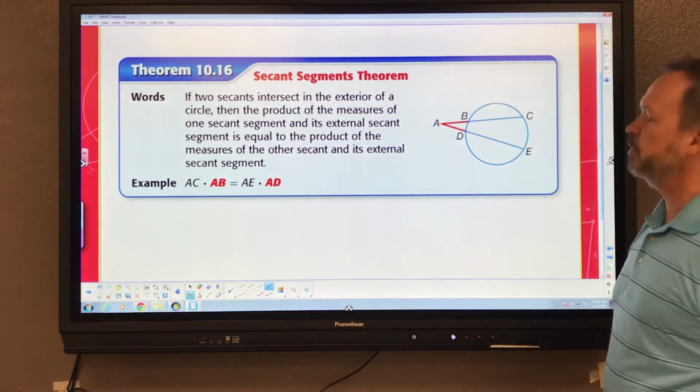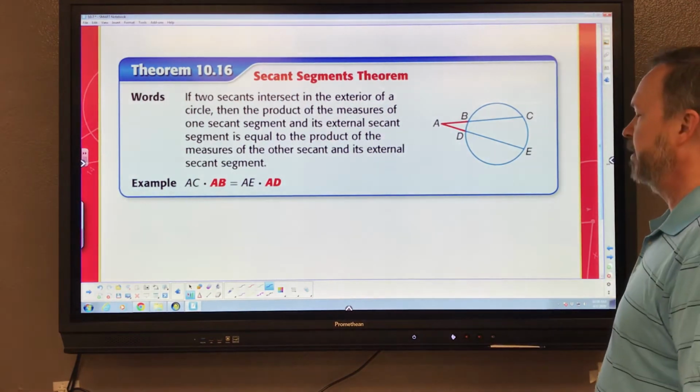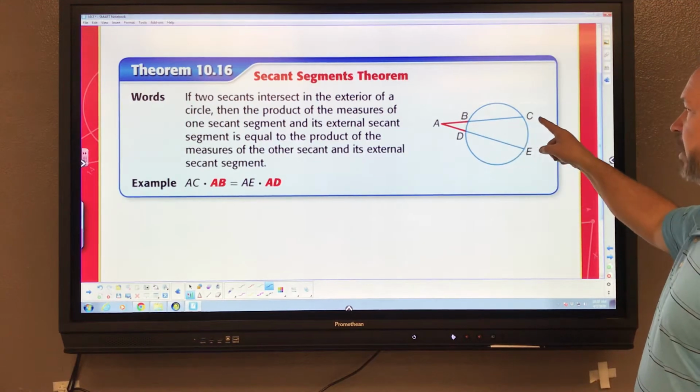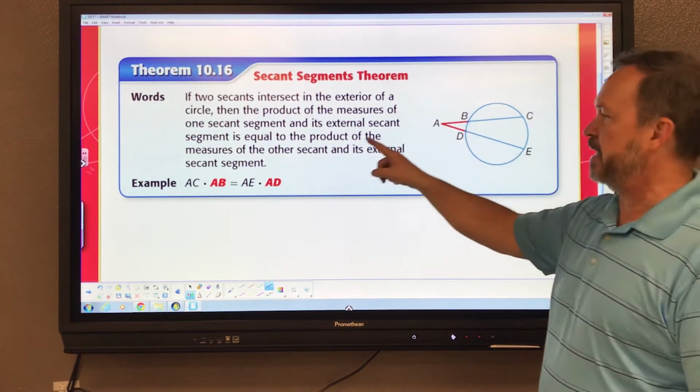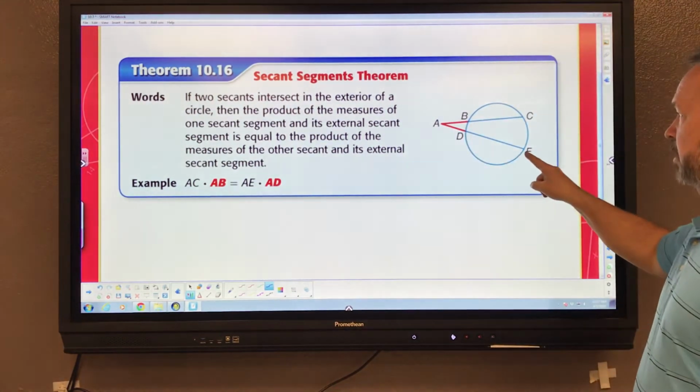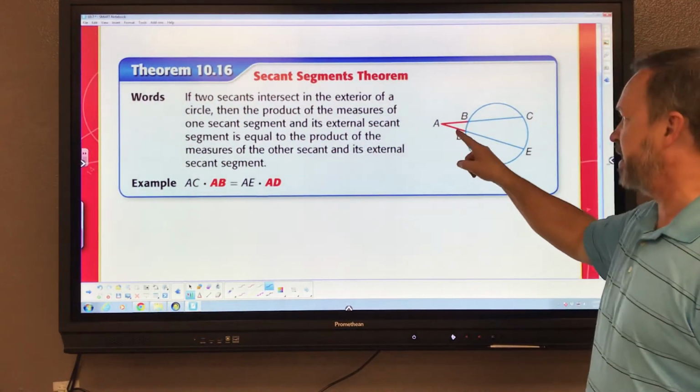Now, that's really wordy. What they've got here is that AC, the whole thing, times AB, the outside piece, is equal to AE, which is the whole thing, times AD, which is the outside piece.